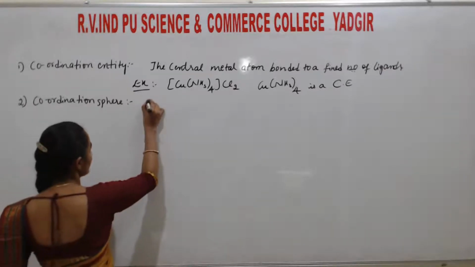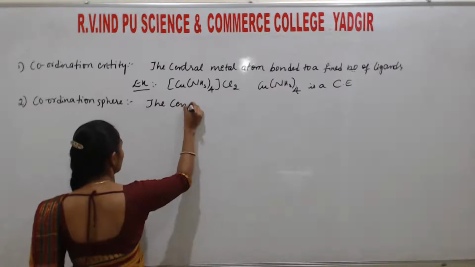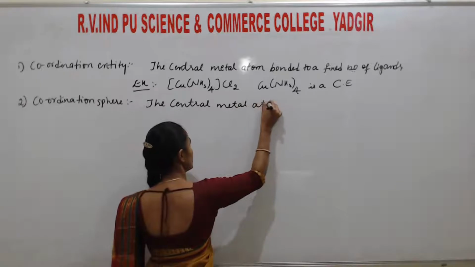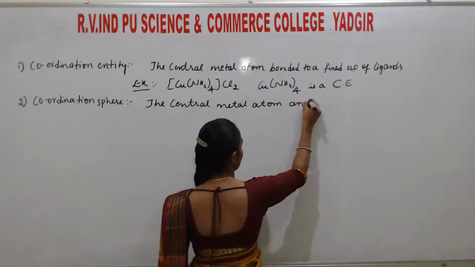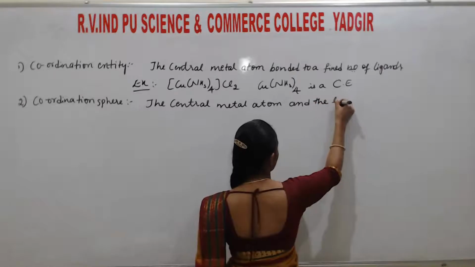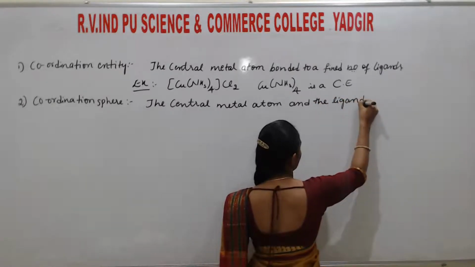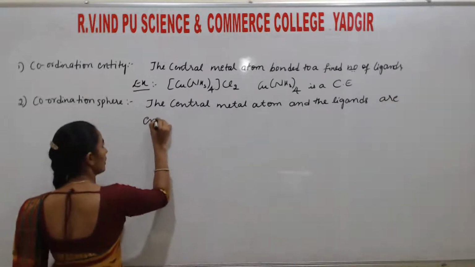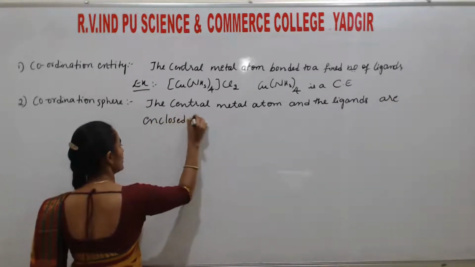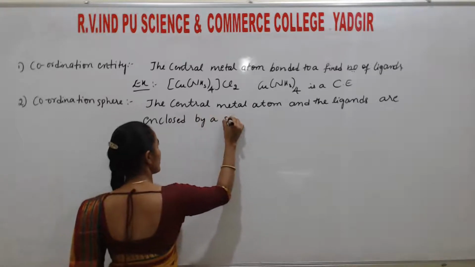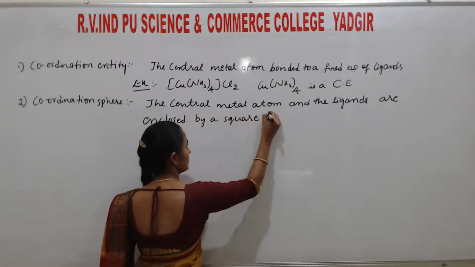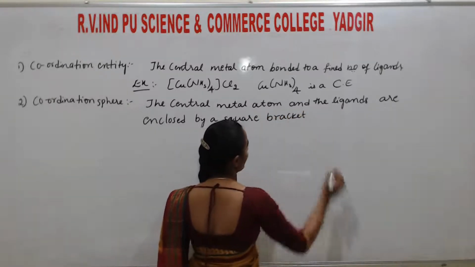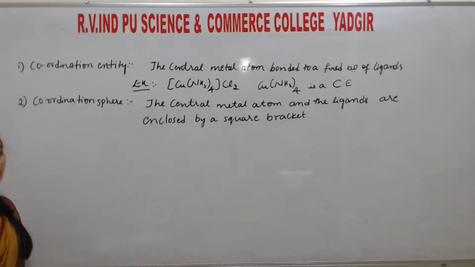The coordination sphere means the central metal atom and the ligands are enclosed by a square bracket. Enclosed by a square bracket is called a coordination sphere.